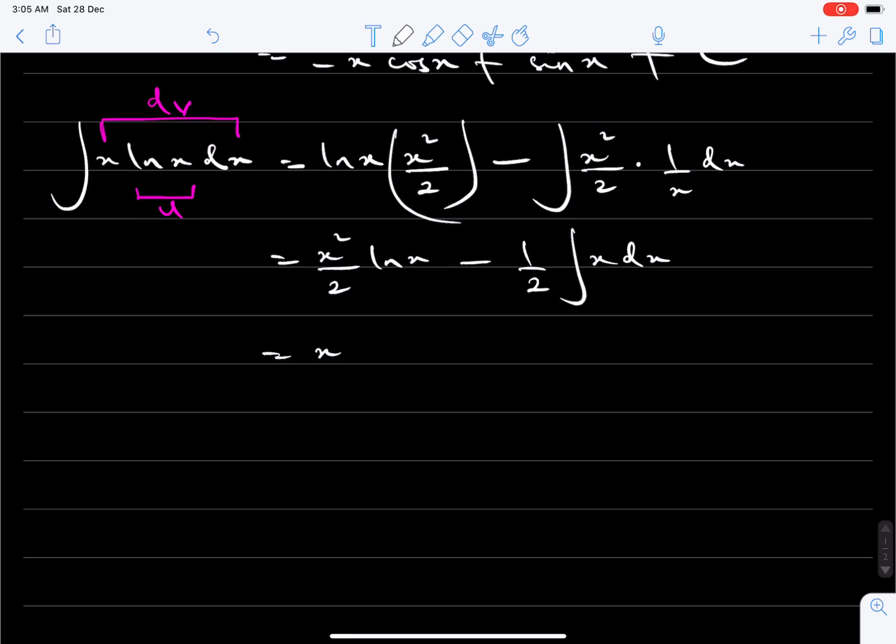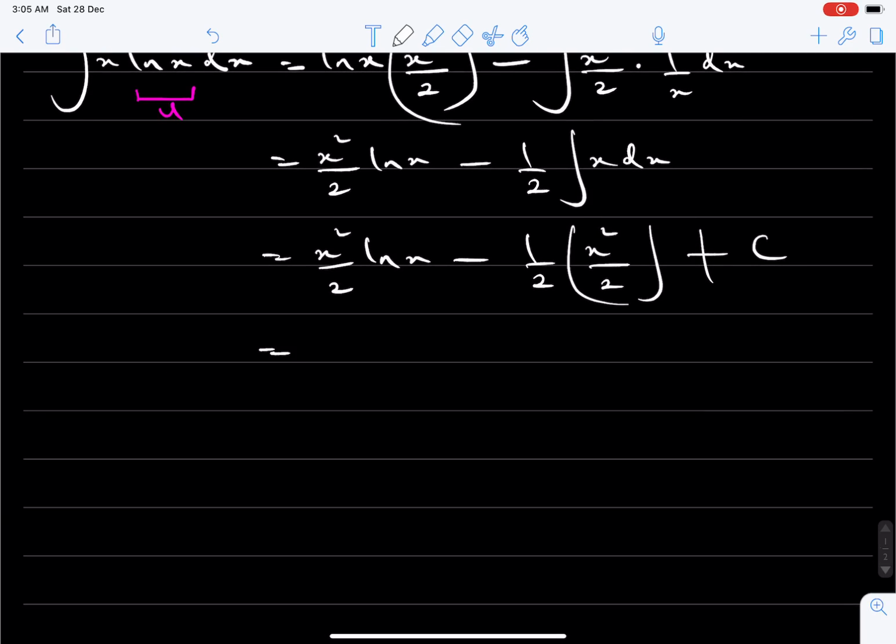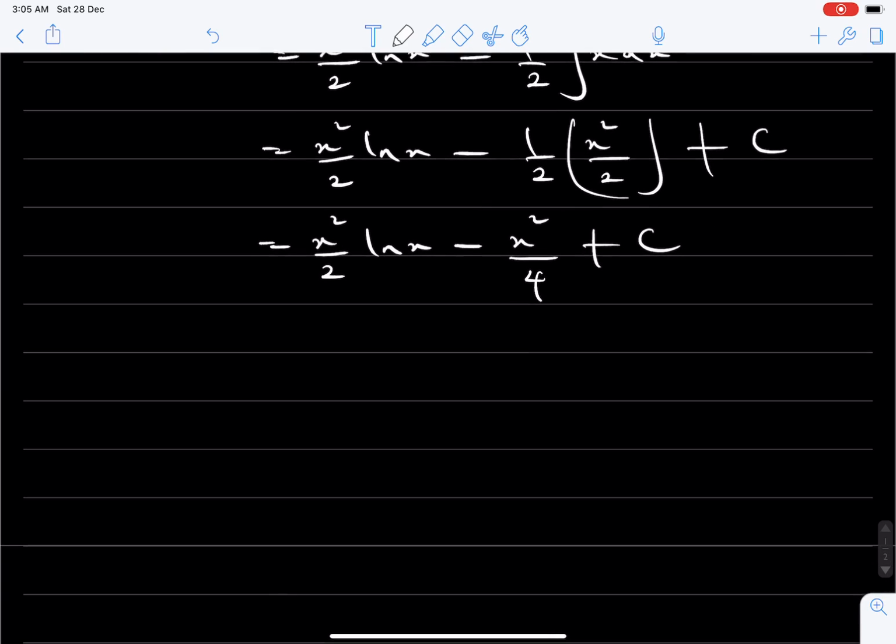So this means x squared over 2 ln x minus 1/2 times the integral of x, which is x squared over 2, plus c. And this means x squared over 2 ln x minus x squared over 4 plus c. And that's all.